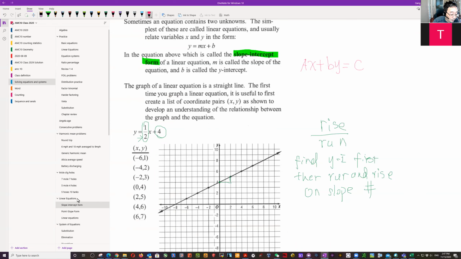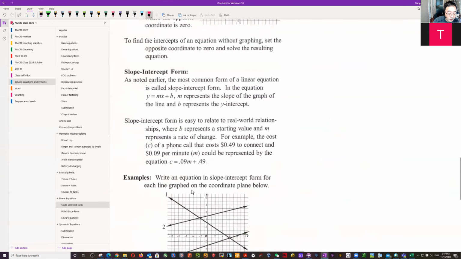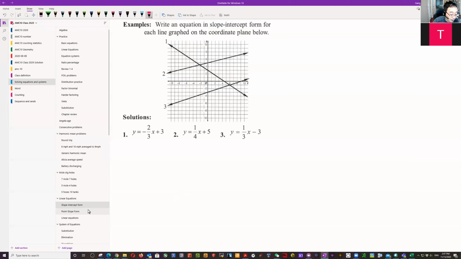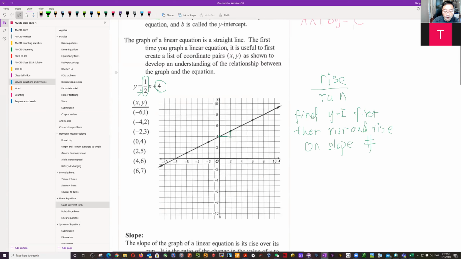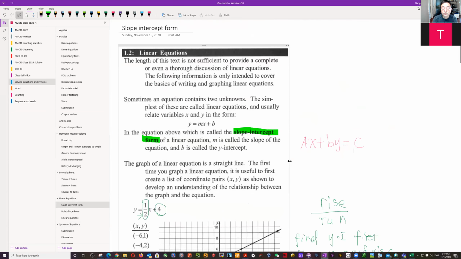For linear equations, a lot of times they will ask you to find a parallel line or a perpendicular line, or do a lot of other things.